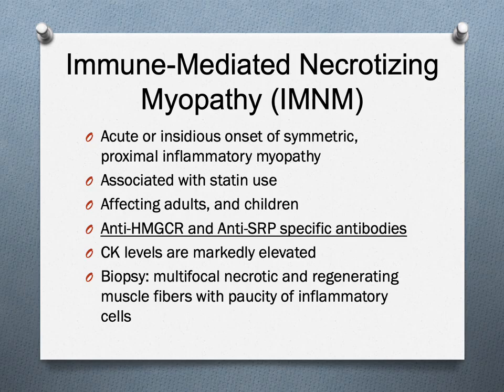This is usually associated with anti-HMG-CR, particularly those with history of statin intake, and anti-SRP specific antibodies are also seen in those patients without prior history of statin use. CK levels are markedly elevated, and histopathologic findings show multifocal necrotic and regenerating muscle fibers with paucity of inflammatory cells.